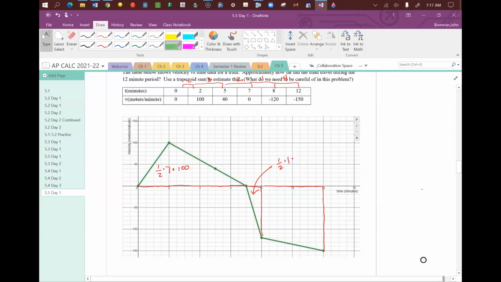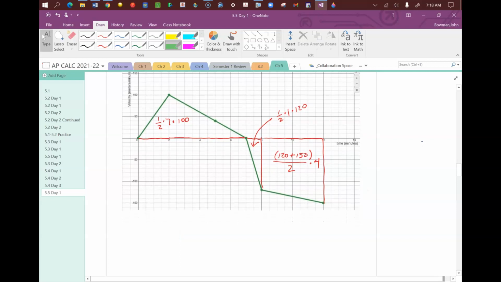In this case, we have to look at the value of the function at time 8, which is negative 120, and consider that positive for that area. And then finally the area of the trapezoid. So 120 plus 150, I'm taking the absolute value of the function at those two times of 8 and 12, divided by 2 times the height, which is 4.